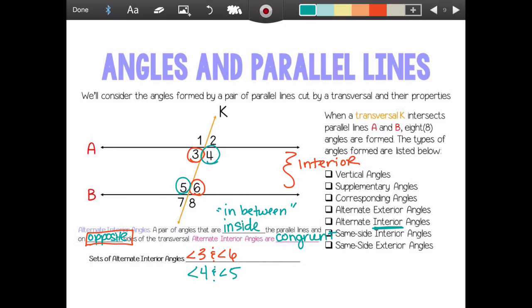So if the measure of angle 3 is, let's say, 60 degrees, then the measure of angle 6, since they are alternate interior angles, is also 60 degrees. Okay? All right. Moving on, so that was the alternate interior angles.